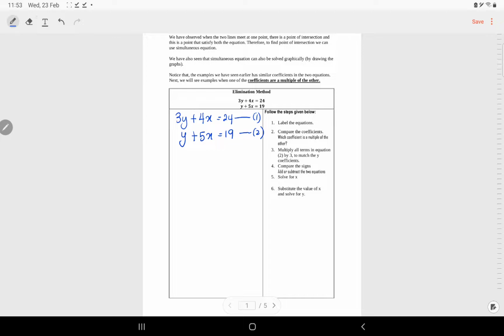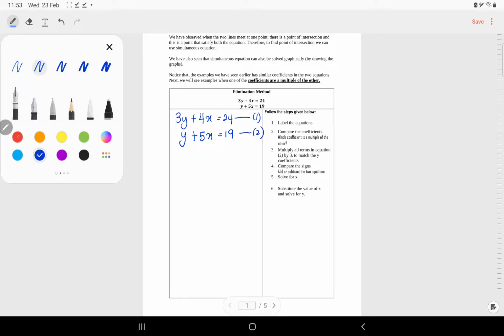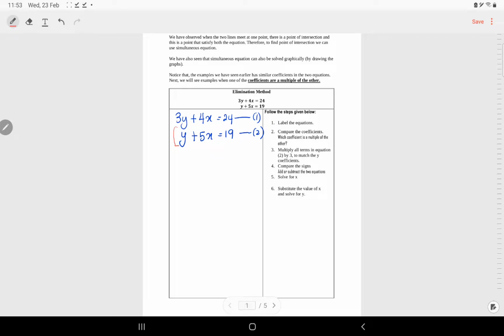But when you multiply by 3, you don't just multiply one term by 3. That's not balanced. You have to multiply the whole equation by 3. So you multiply the first term by 3, you multiply the second term by 3, and also the constant.